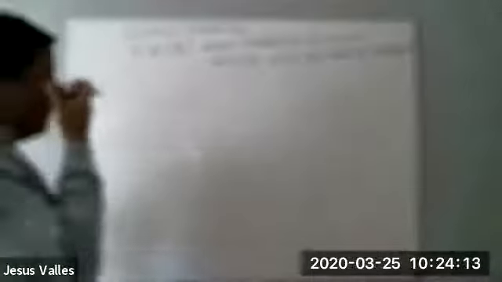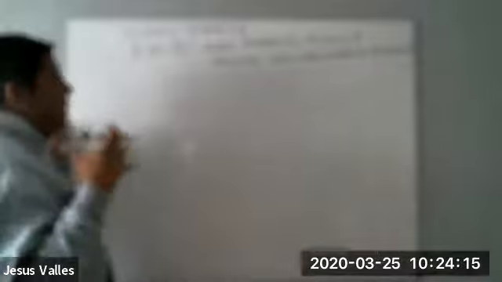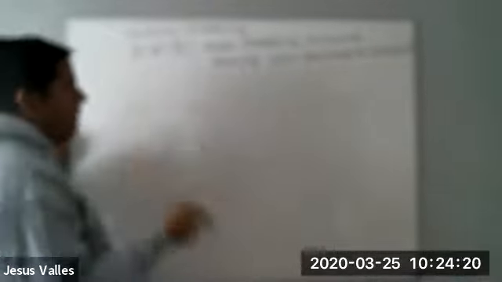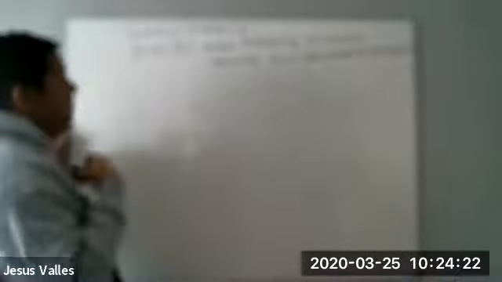So what we're saying is we're trying to find the probability of A, but we know that B has occurred.